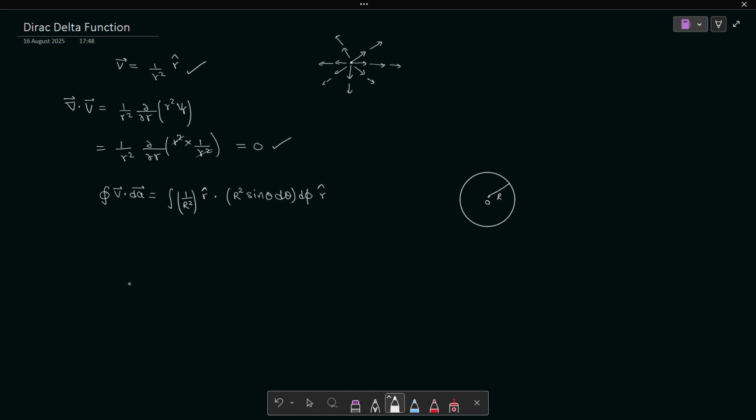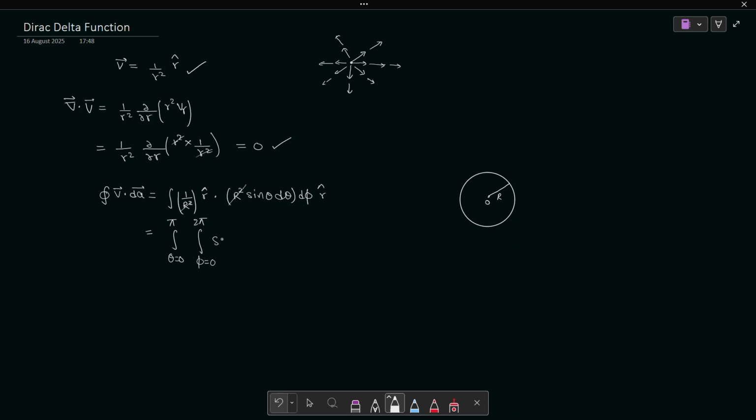So this r hat will give you 1, and this r square will cancel out with this, and now you're left with only the integral over theta and phi. So theta will run from 0 to pi, and phi will run from 0 to 2 pi.